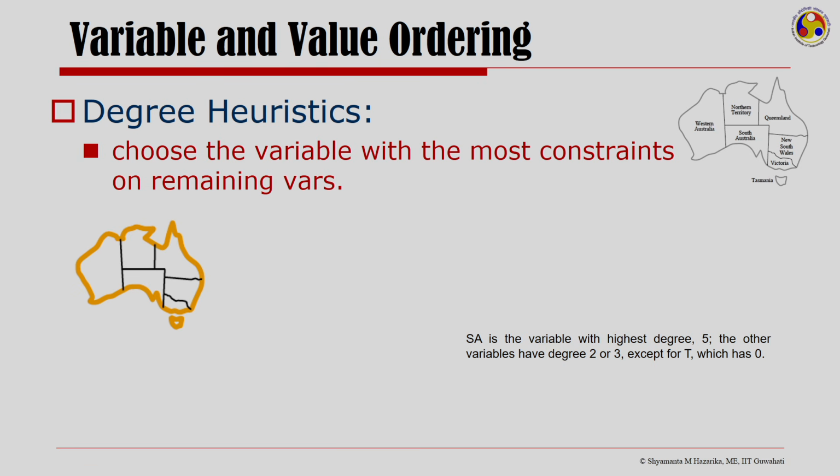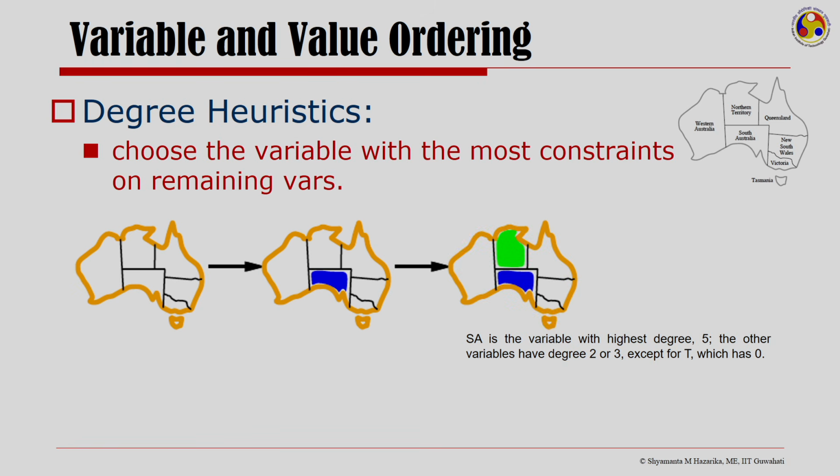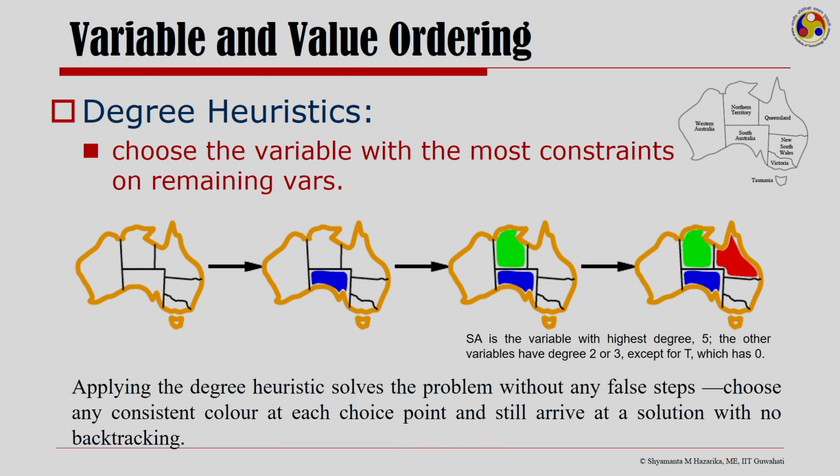So, we choose the variable with the most constraints on the remaining variables, that is, we first choose SA and thereafter we choose NT and so on and so forth. Applying the degree heuristic actually solves the problem without any false step. If we keep on choosing the consistent color at each choice point, we can still arrive at a solution with no backtracking.